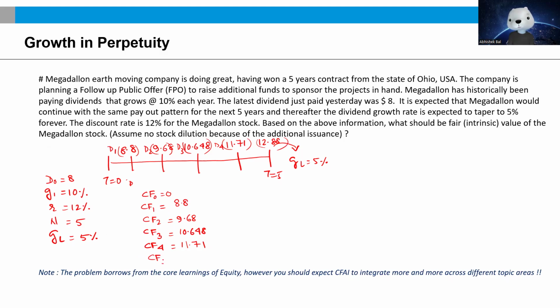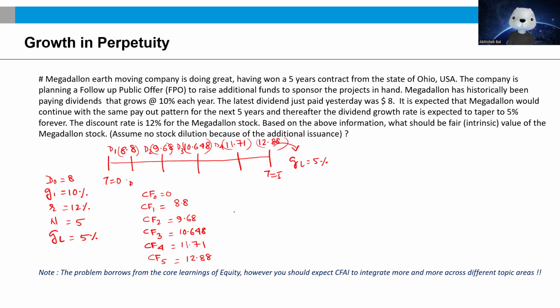CF5 is equal to 12.88. So given all of this, we have to find out the value.